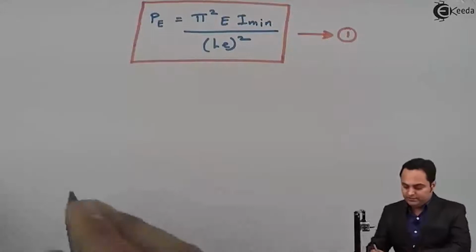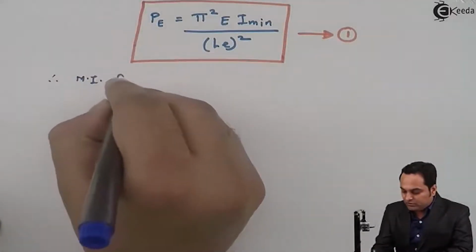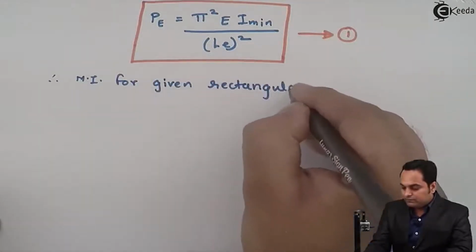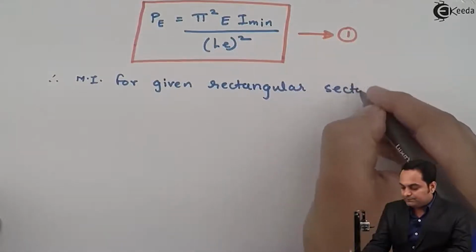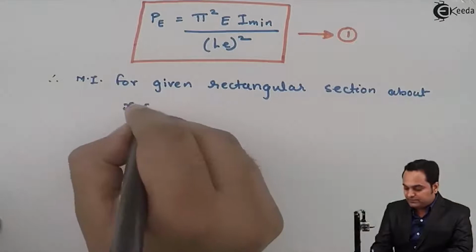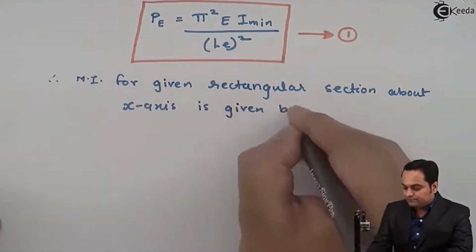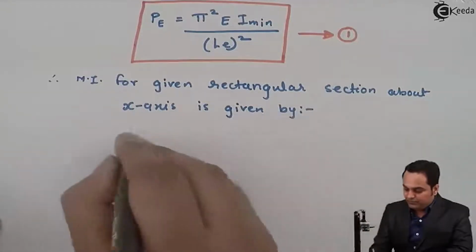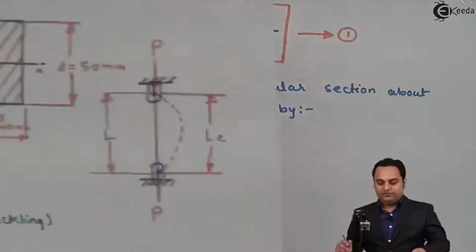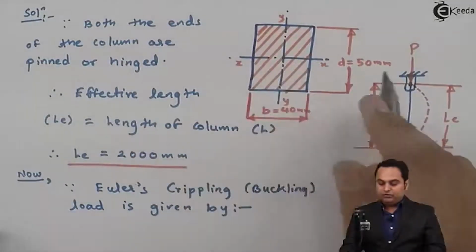So here I'll say that therefore MI, that is moment of inertia for given rectangular section about x-axis is given by Ixx equal to, we know the formula of a rectangle moment of inertia about x-axis, that is bd cube by 12.